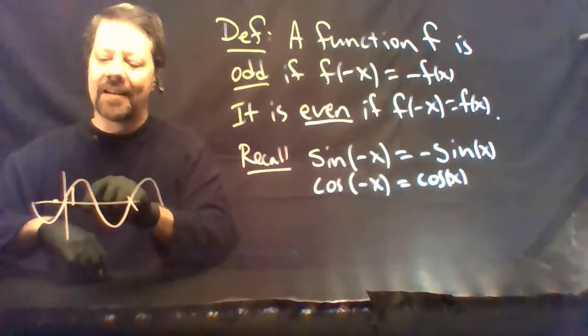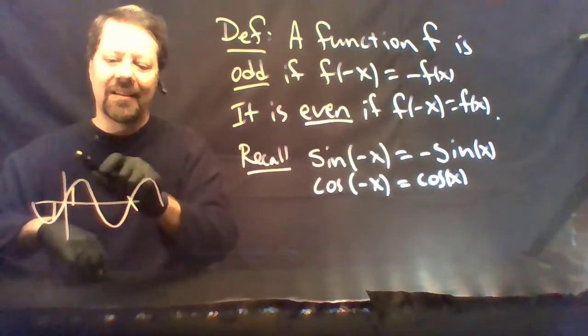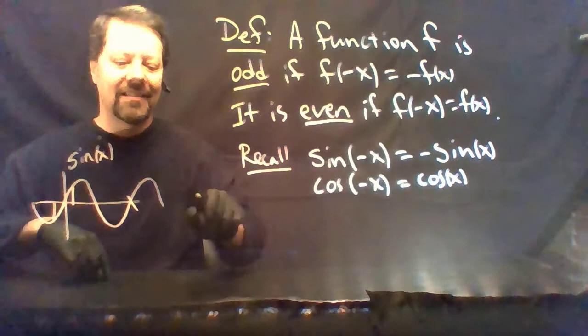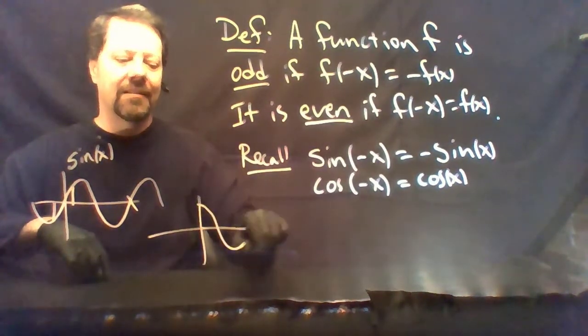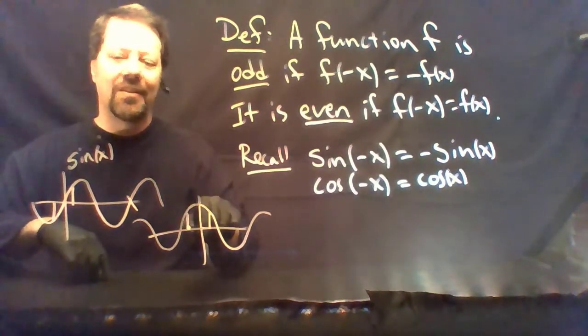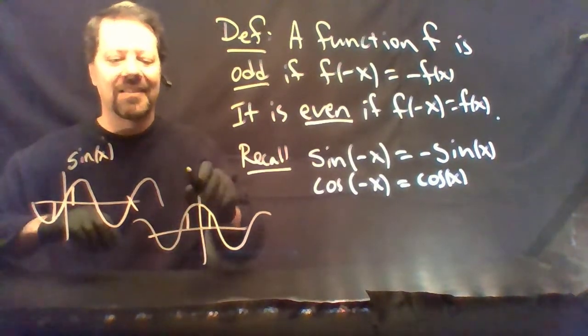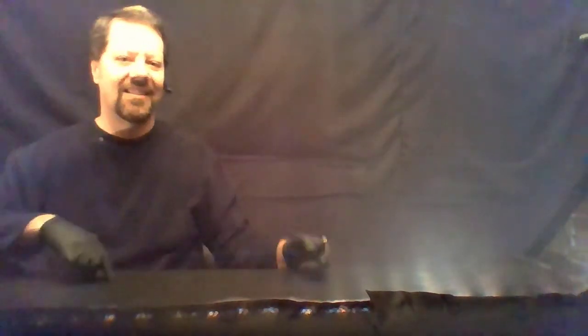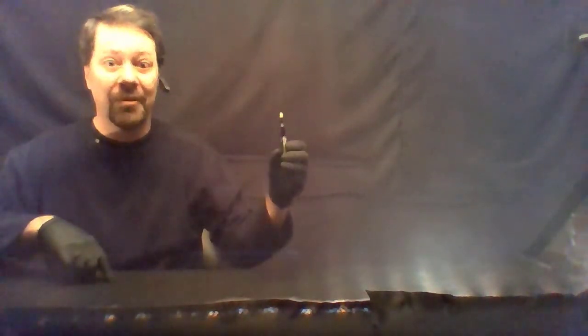Whatever happens at x, you get the opposite at negative x. Sine is odd. And for cosine, whatever happens at x, you get the same thing at negative x. Cosine's even.